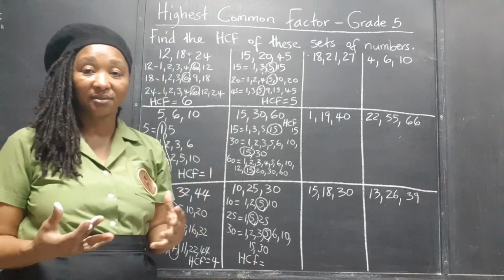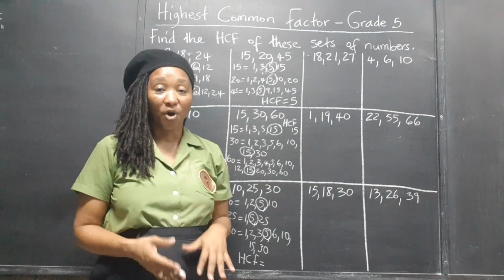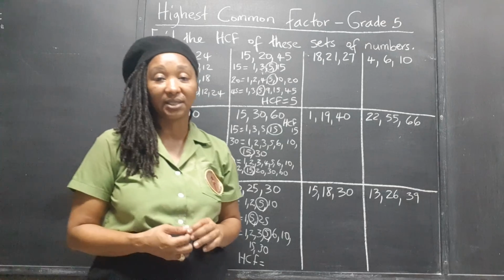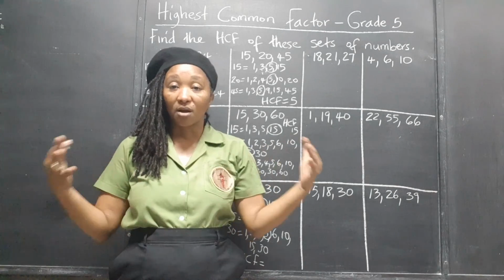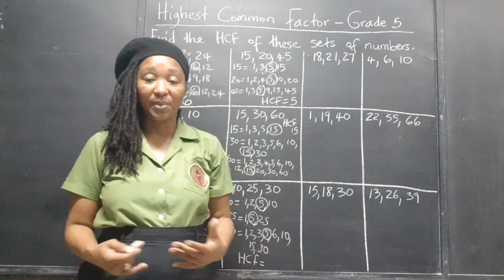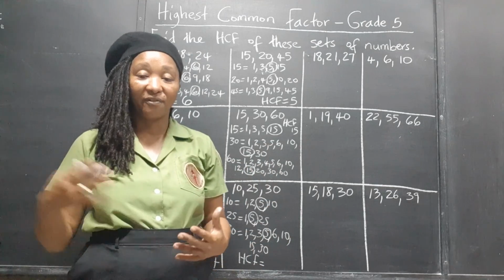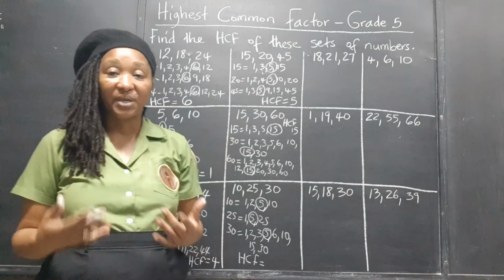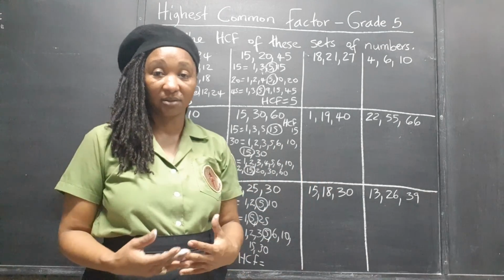The common, I remember, words in maths, you have to look for the meaning of these words. They will help you to understand the concept. When things are common, that means they are shared. You find them in all the sets being considered. They are common.